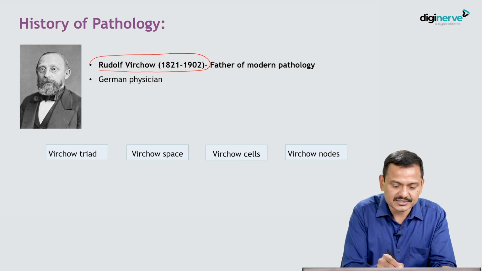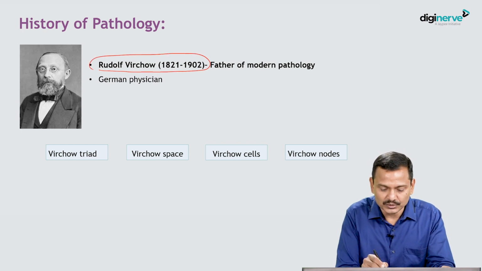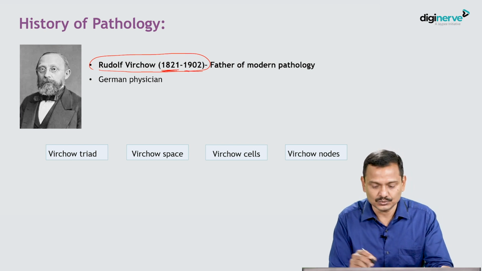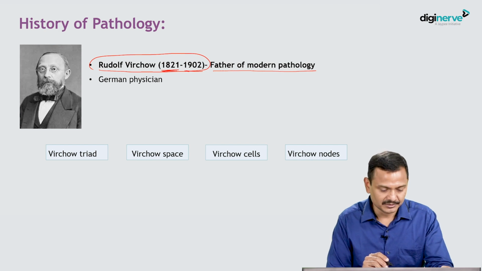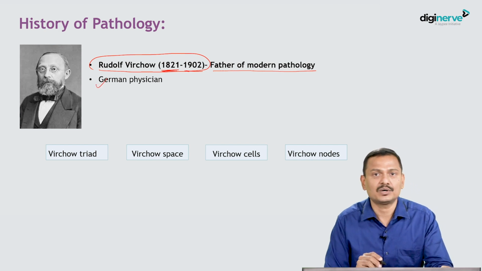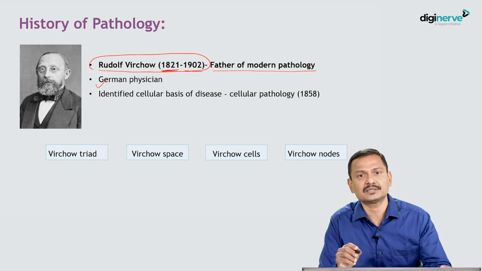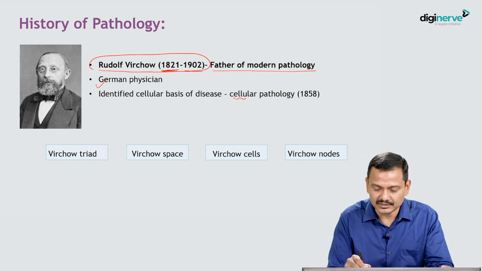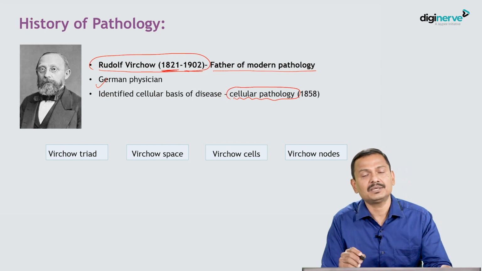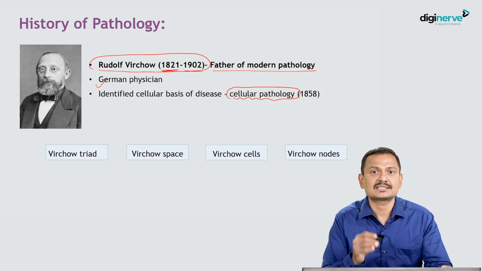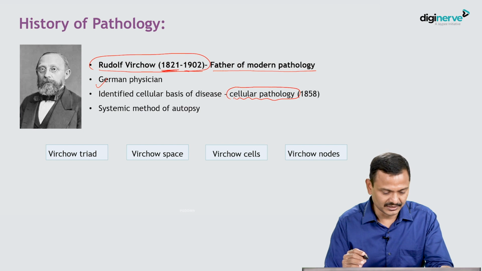Okay, so he is Rudolf Virchow, who lived from 1821 to 1902, and he is known as the father of modern pathology. Okay, he was a German physician and he was the first person to say the cellular basis of disease. I mean that the disease starts at cellular level.